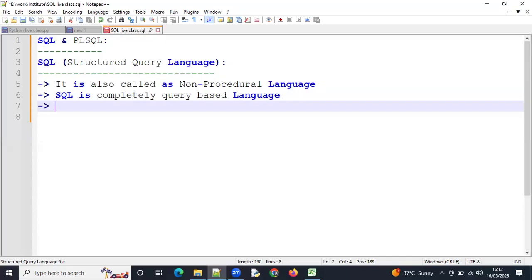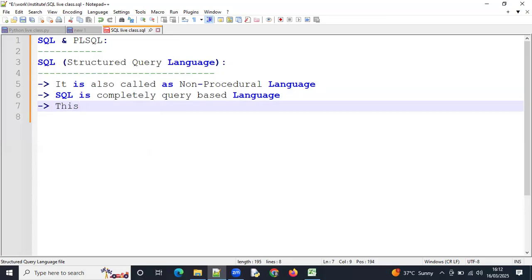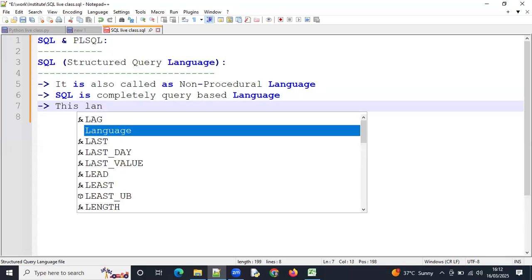Next, this language will not support any programming features, because it's a query based language. Each and every point we are going to discuss briefly in our upcoming sessions. Today is just the first introduction class, so I'm not going in depth for any point. I'm just introducing SQL to you.